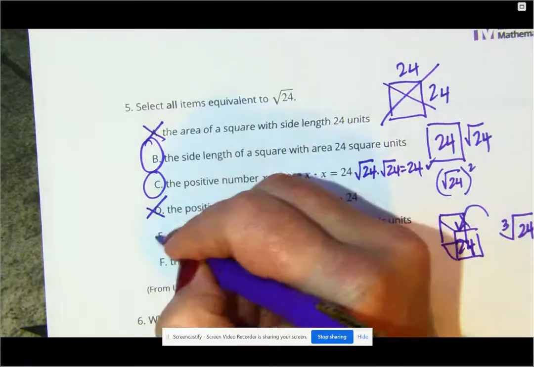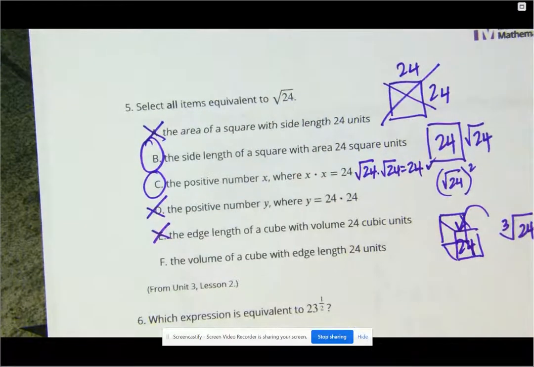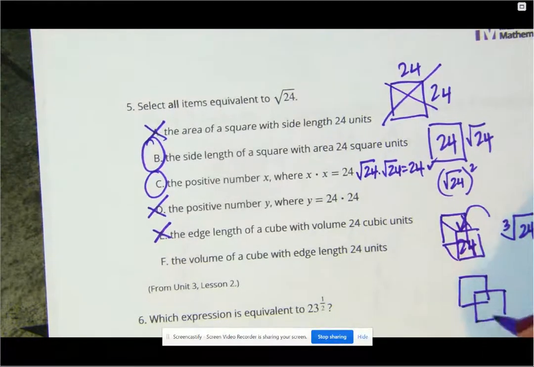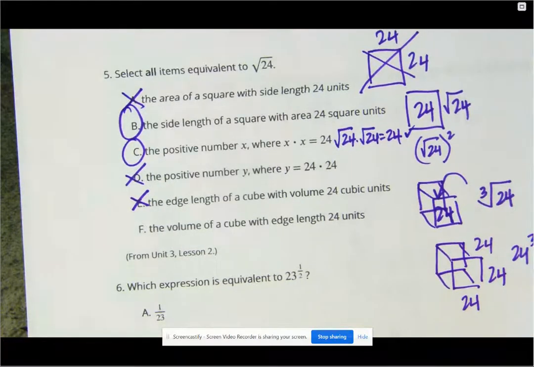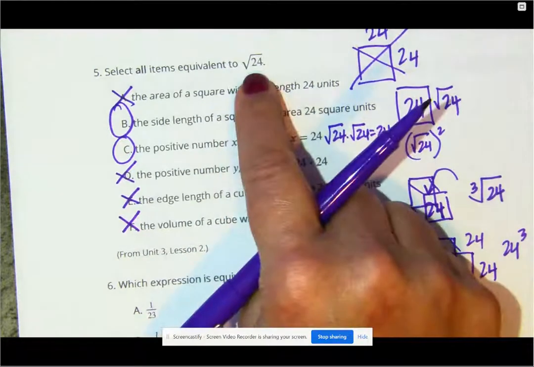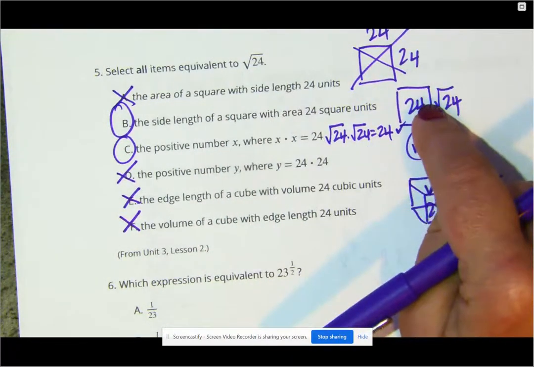Okay, that's not going to work. And the volume of a cube with edge of 24. If the edge is 24, the volume is 24 to the third power, which is definitely not the square root of 24. Okay, so square root has to do with thinking about a square.